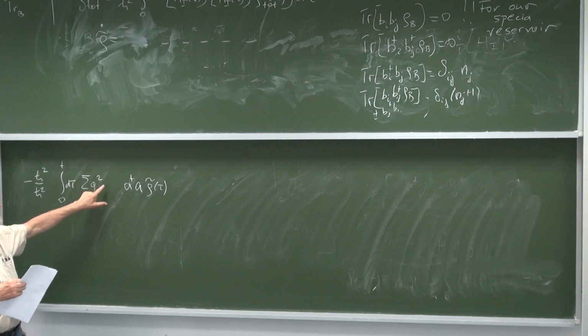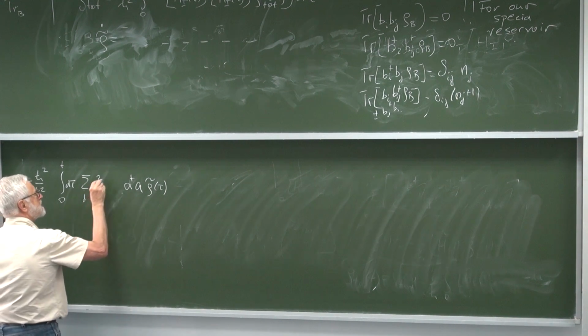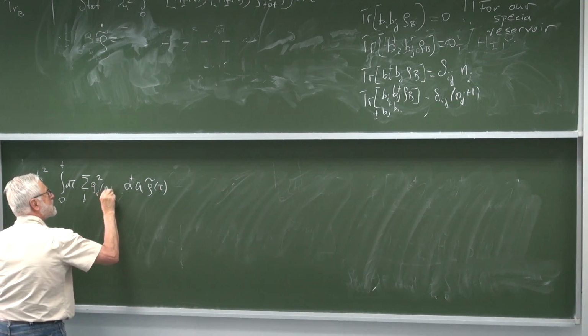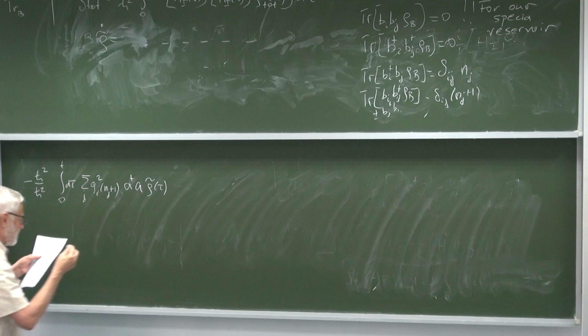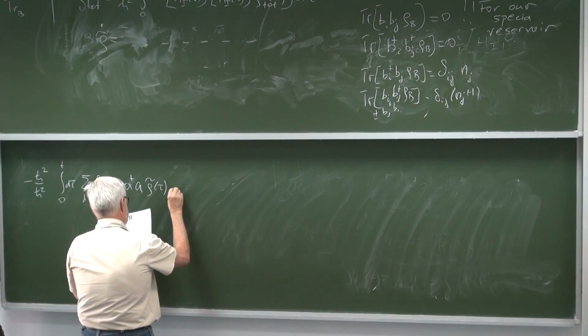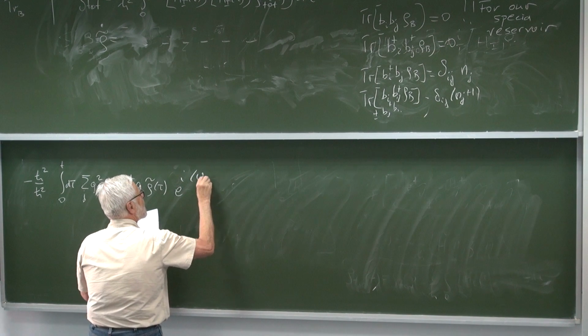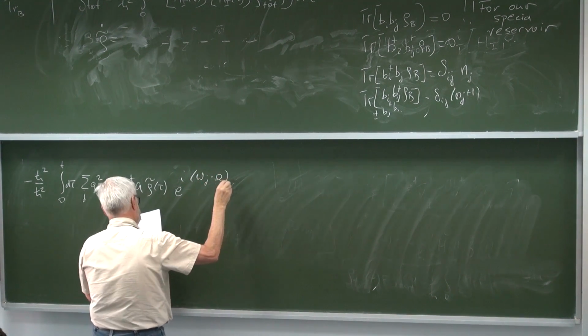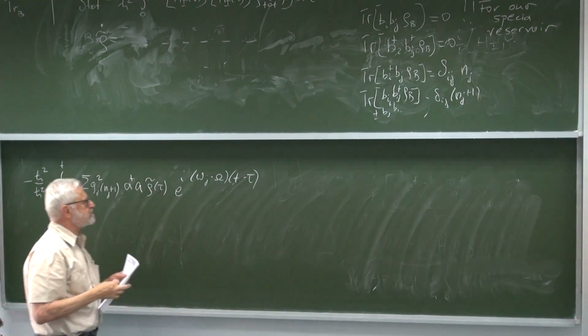So in other words, it used to be here b dagger. So upon tracing, I need here n_j plus 1. That's the remnants of the b dependence. And finally, I need e to the i omega_j minus omega times t minus tau. Okay?